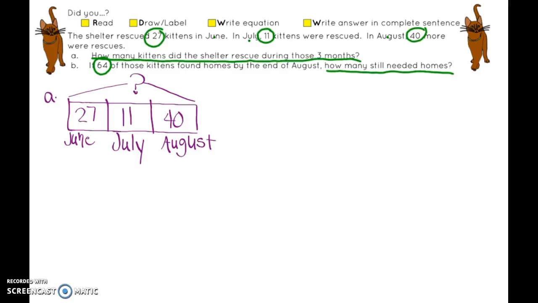I know that in June the rescue found 27 kittens. In July, the rescue shelter found 11 kittens, and then in August, 40 kittens were found. My problem wants me to figure out how many kittens they found during those 3 months.